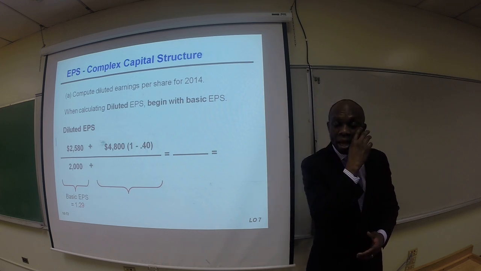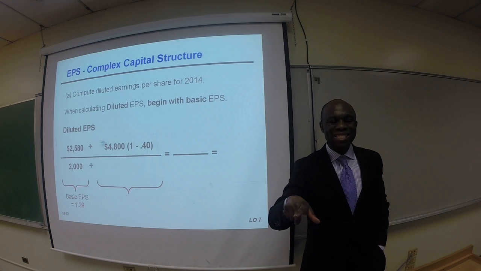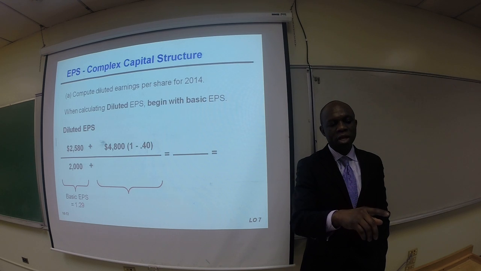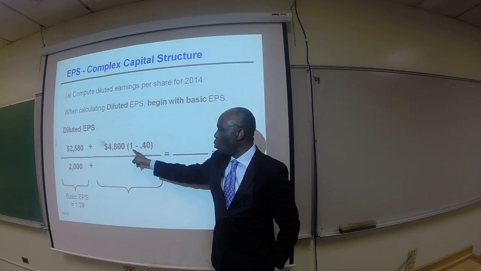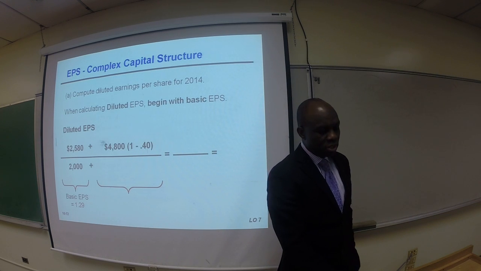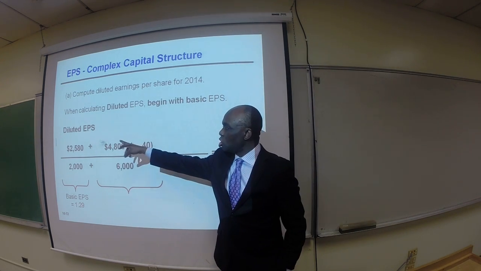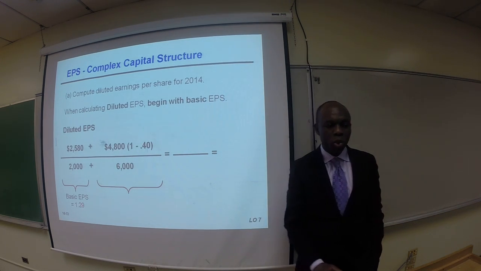So we add back the interest expense of 4,800 net of tax. The tax rate is 40%. So 40% of 4,800 minus 4,800, or a shortcut, 4,800 multiplied by 1 minus 40%. That does it in terms of adjusting the net income relative to the interest expense in connection with the bond.